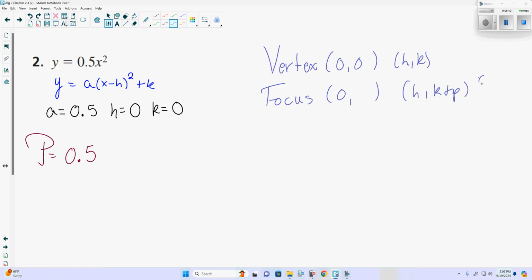K plus p would be 0 plus 0.5, which is 0.5. So the focus is 0 comma 0.5. Questions on vertex or focus? We ready for directrix?